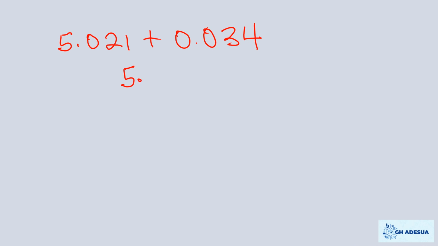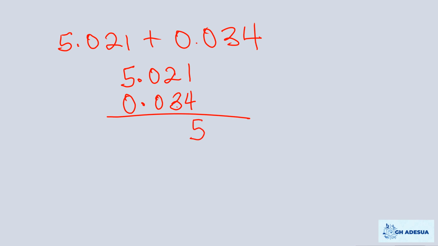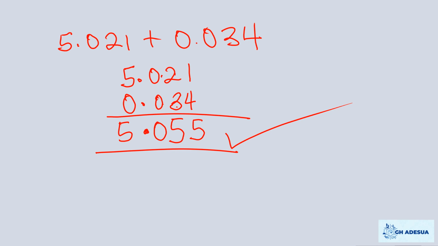So 5.021 and then 0.034. Then vertically you add 1 plus 4 is 5, 2 plus 3 is 5, 0 plus 0 is 0, your decimal point, 5 plus 0 is 5. Guess this is familiar to all of you.